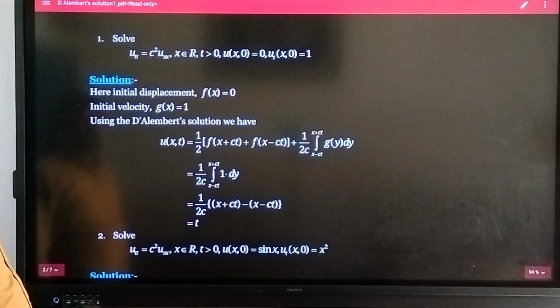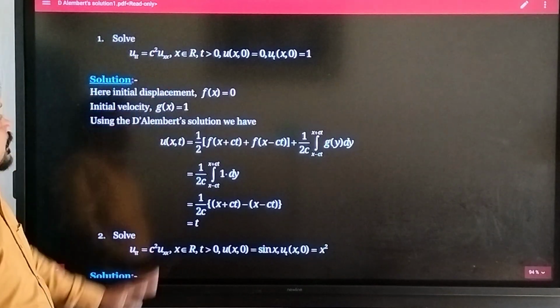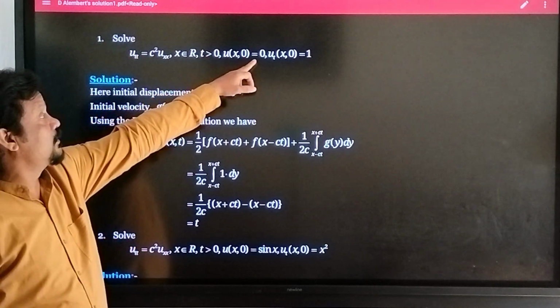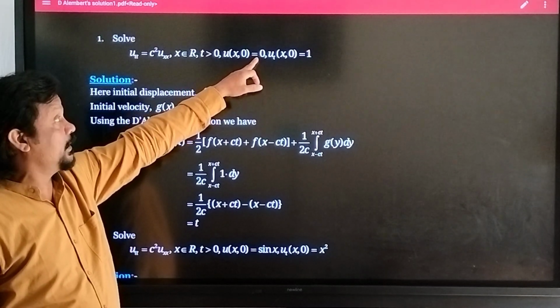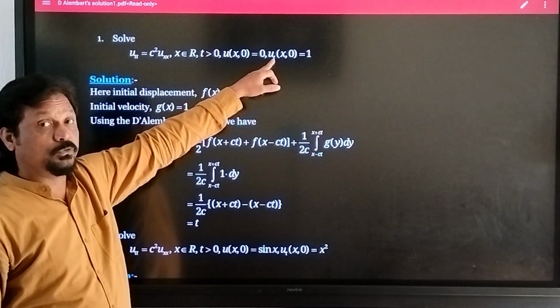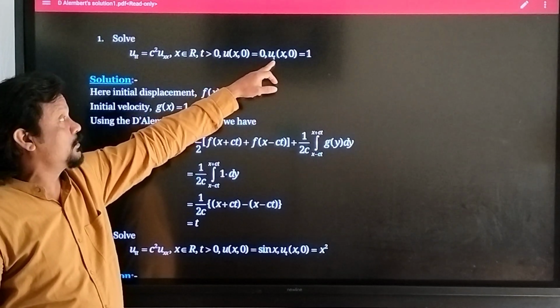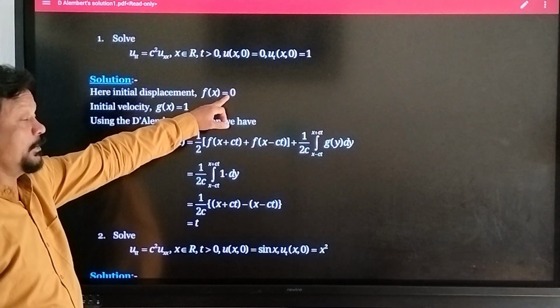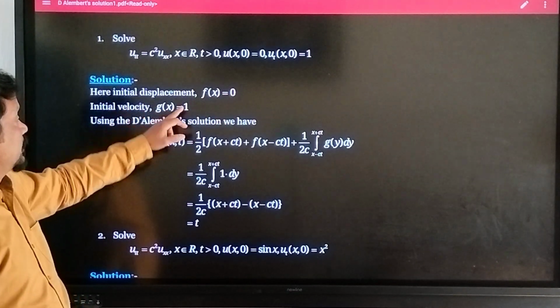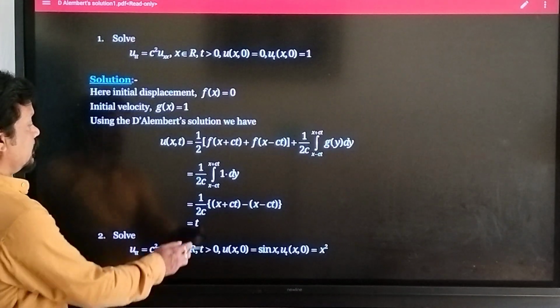Here, the question is that u_tt is equal to c square into u_xx, and u of x, 0, the initial displacement, is given as 0, and u_t, that means del u by del t, the initial velocity, is given as 1. So the initial displacement f of x is equal to 0 and the initial velocity g of x is equal to 1.